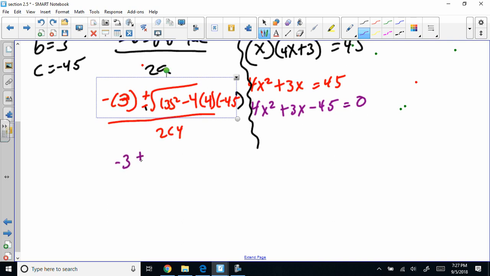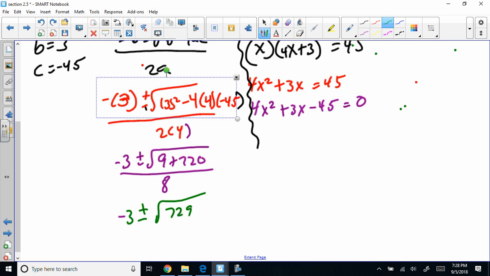That's 9, plus 720, all over 8, which gives me negative 3 plus or minus the square root of 729, all over 8.